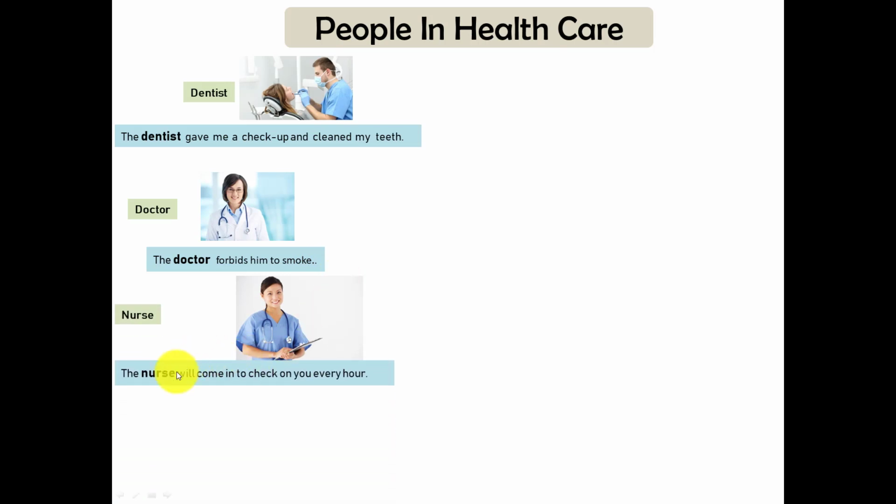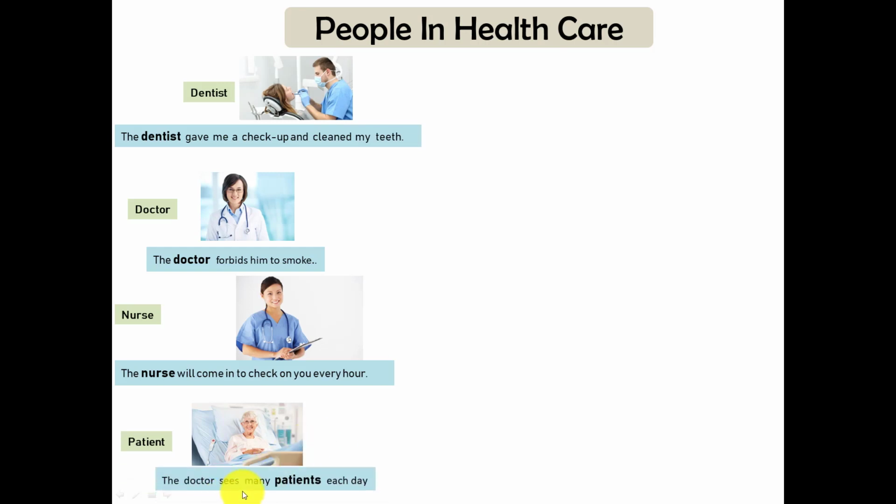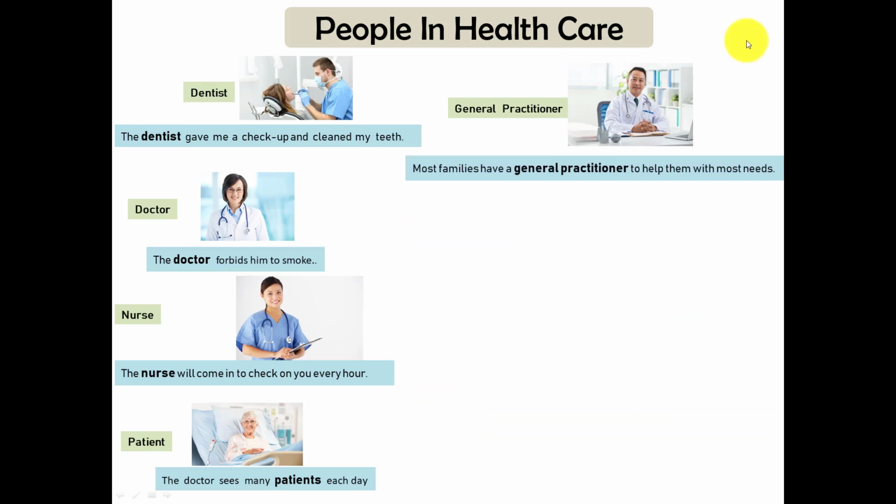For example, the nurse will come in to check on you every hour. Next, a patient. The doctor sees many patients each day. Next, general practitioner. For example, most families have a general practitioner to help them with most needs.